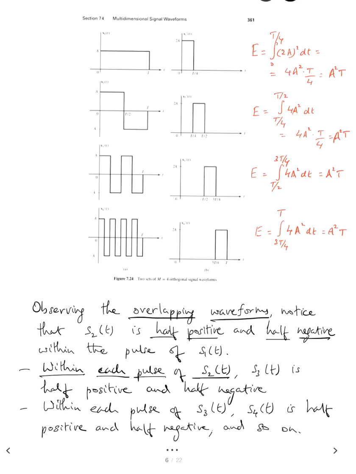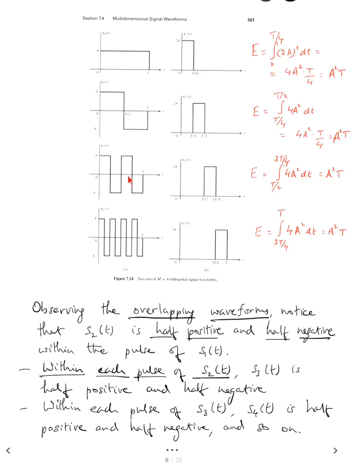If you look at the first one, again we start with a pulse which has a fixed amplitude for the entire duration t. The second signal is created such that for half the duration of the first pulse it is positive, and for the remaining half it is negative.